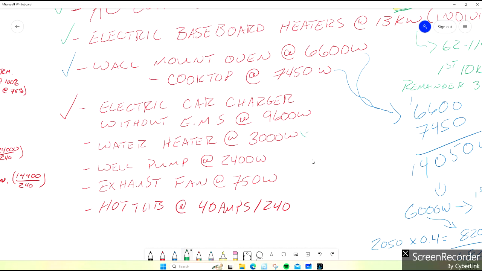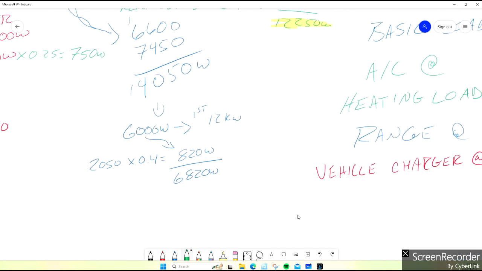I'm going to take this times 0.25 because we only want 25% of it. The reason is the same thing: the heating elements aren't always on. They toggle on and off, back and forth. So 3,000 times 0.25 means we need to include 750 watts in our tally here.